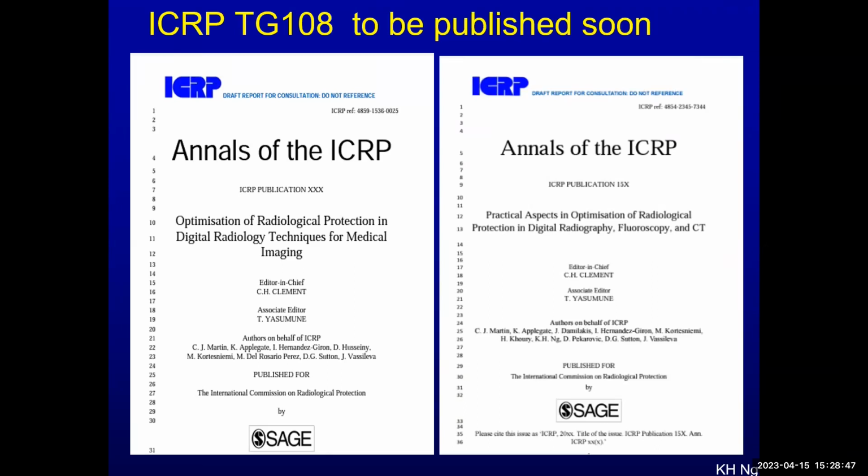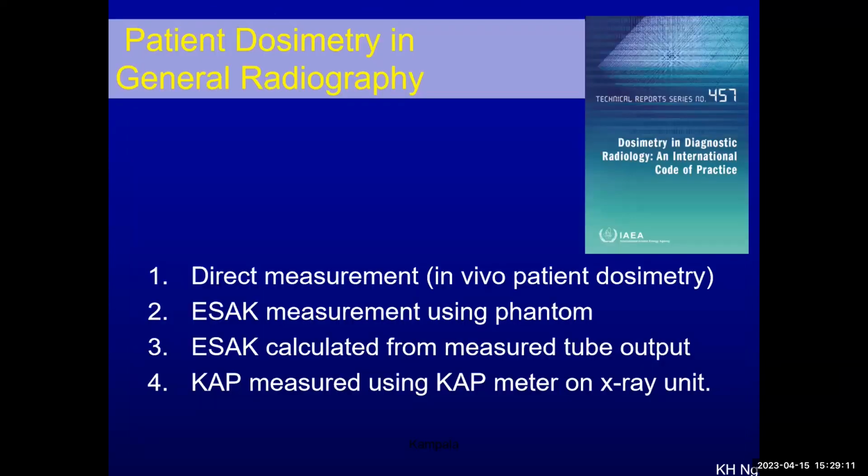I'm a member of this working group. This is interesting. Look out for this TG108, and it has lots of good examples of how patient dosimetry and dose will impact on the optimization process.